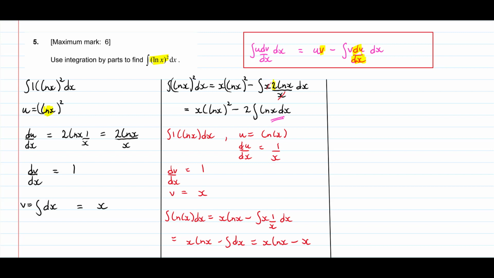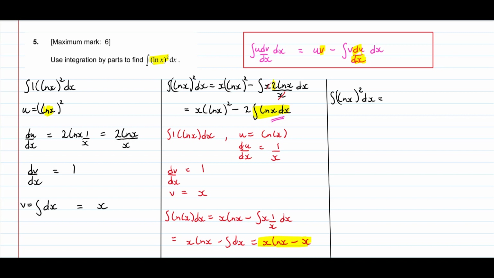So now we know that the integral of ln x is equal to this expression down here that I've highlighted. So now we'll just plug that back into our problem. So now we get the integral of (ln x) squared.